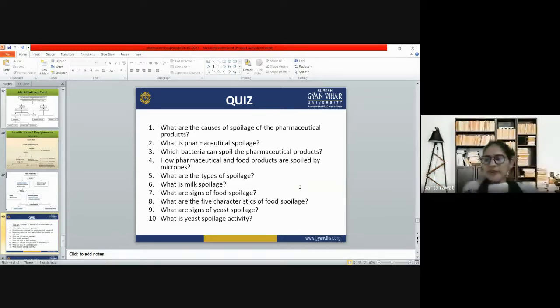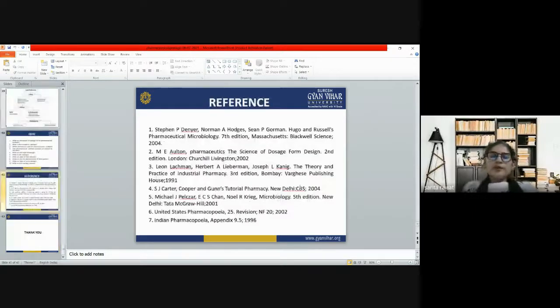Now, for reference purposes, all the lecture references are taken from Stephen P. Denyer, Norman A. Hodges, then from Pharmaceutics: The Science of Dosage Form Design, second edition, and from The Theory and Practice of Industrial Pharmacy, third edition, from Cooper and Gunn's Tutorial Pharmacy, from Microbiology, fifth edition, United States Pharmacopoeia, Indian Pharmacopoeia.